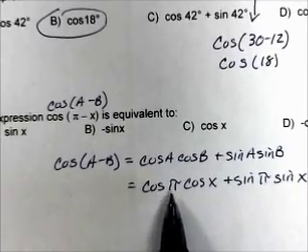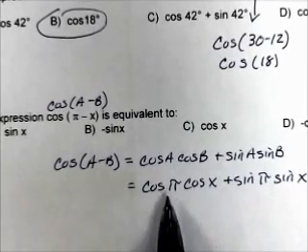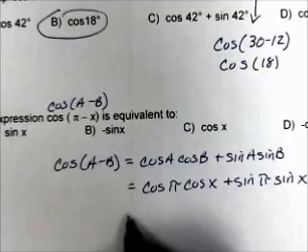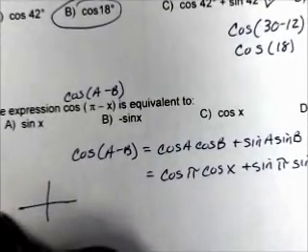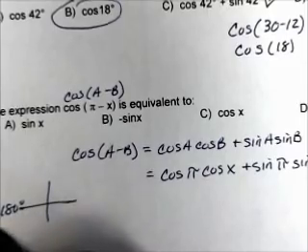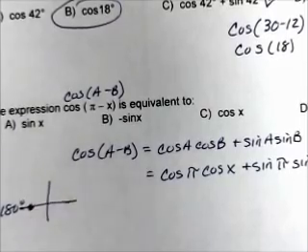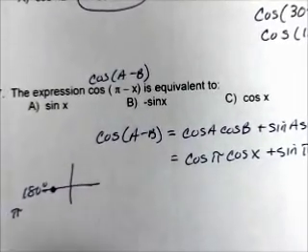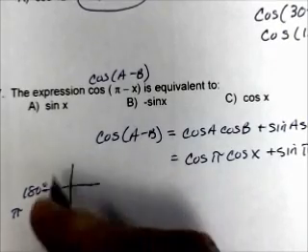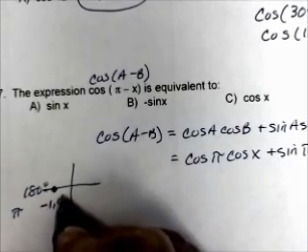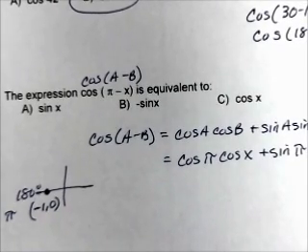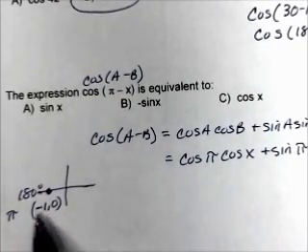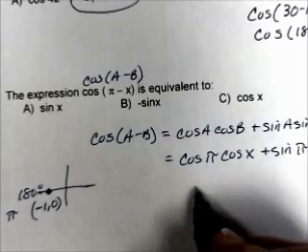Now pi, this is radian measure, pi is equivalent to how many degrees? 180 degrees. All right. So if I'm looking at my 180 degree angle, the point on the unit circle, coordinates are -1, 0. So the cosine of pi radians, or 180 degrees, is equivalent to -1.